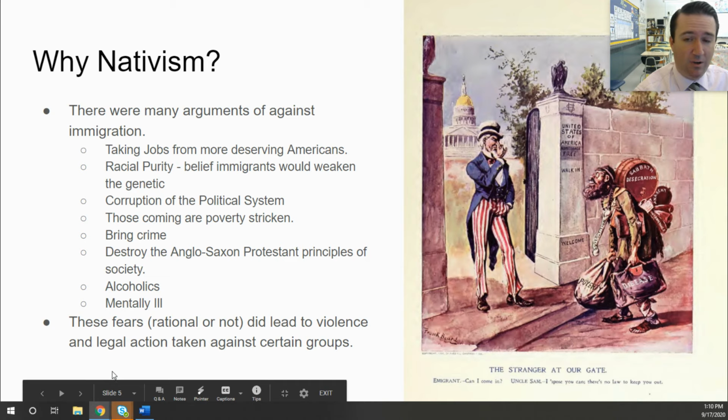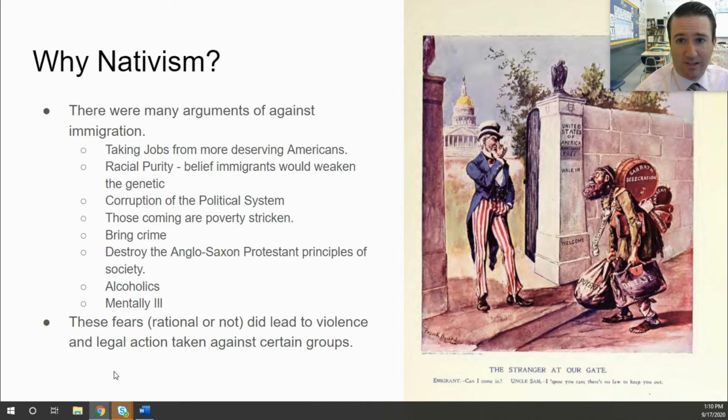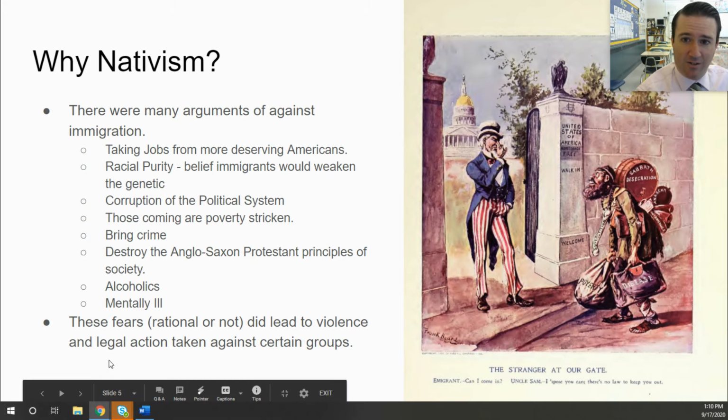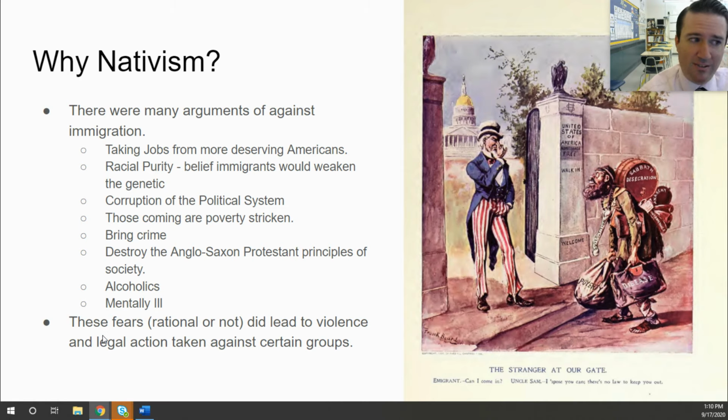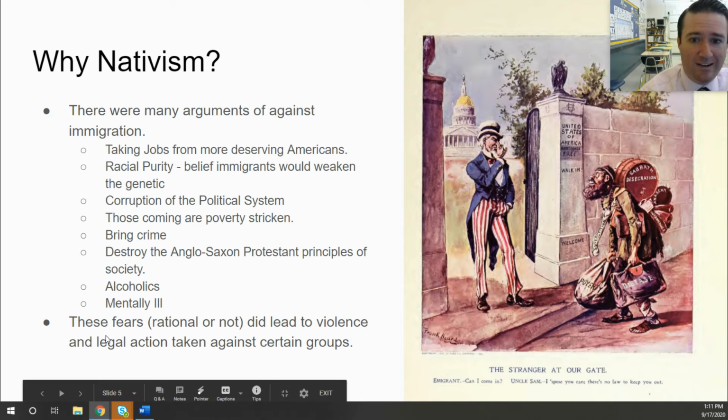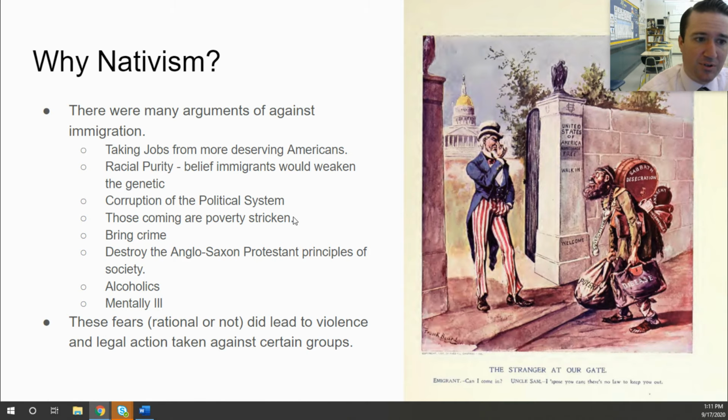Factory owners loved these immigrants as they came in because they could treat them as poorly as they wanted to and pay them as little as they could. But that also meant more competition for people who were already here, and so they saw immigrants as either taking the jobs or driving wages down. There's certainly a logical understanding of that. Is it necessarily true? That's a debatable topic, but that was the feeling of the people who were vehemently against immigration.